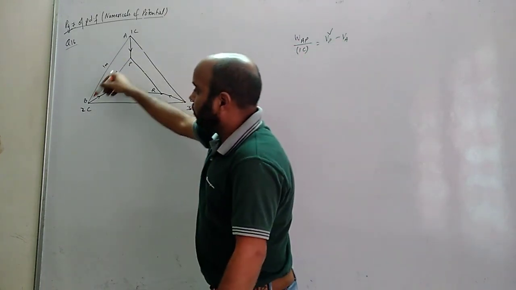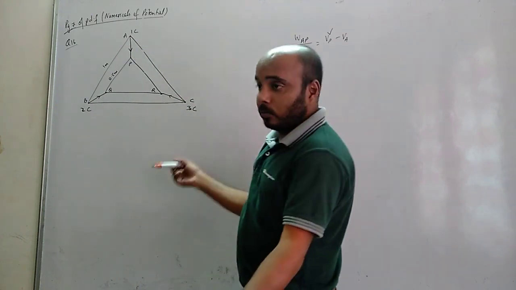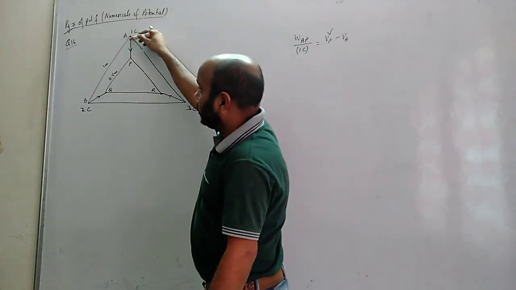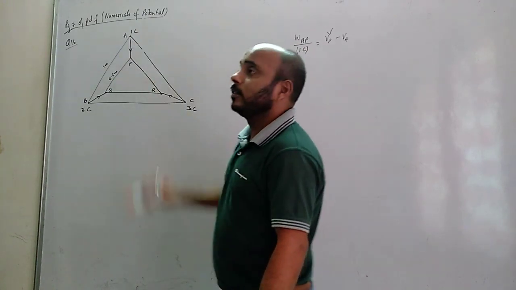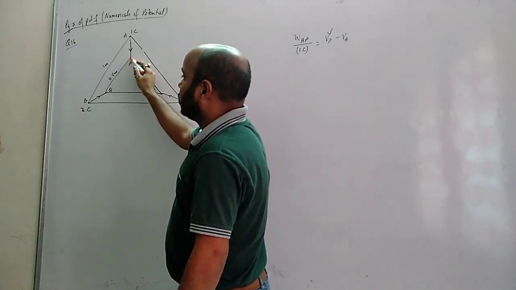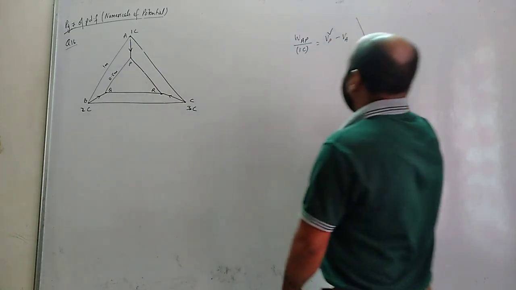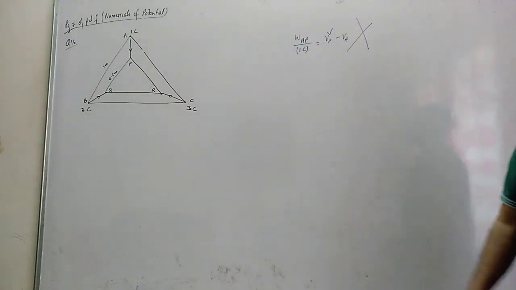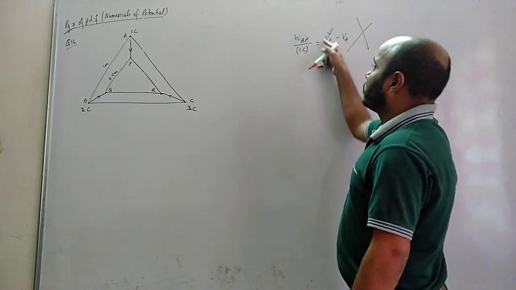From P to B, we don't need this distance. Do we have any idea about this distance? No. We only know that this is an equilateral triangle of 0.5 meter. So why are we not using this expression? We don't know the distances. Moreover, if you use this, it becomes quite lengthy.